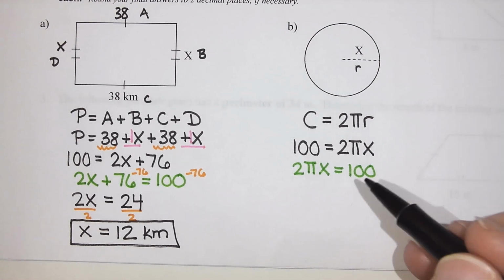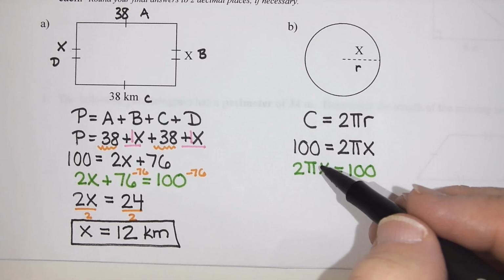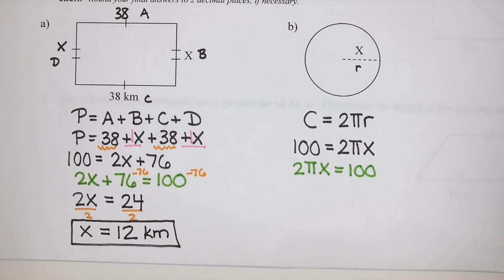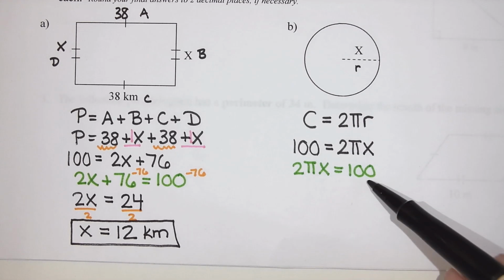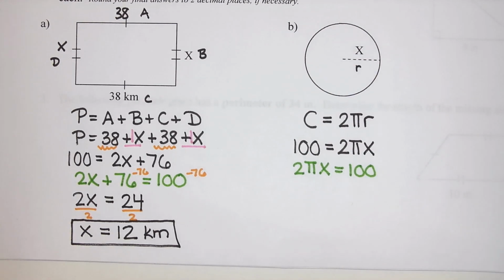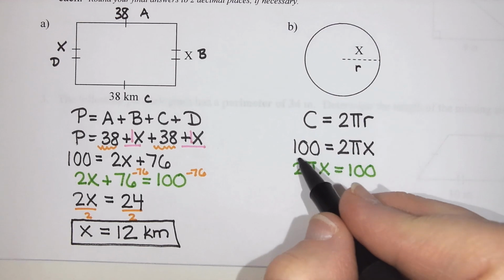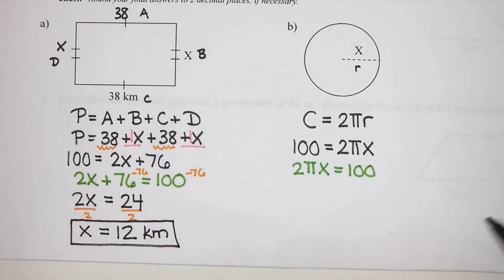We are multiplying x by both 2 and pi. So I have some choices. I can either do the opposite of multiplying and divide by 2 and then divide by pi, or we could multiply 2 times pi together, get a decimal, and then divide by that number. So either way works.